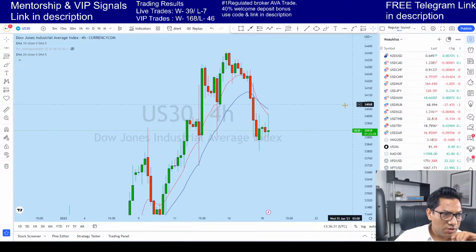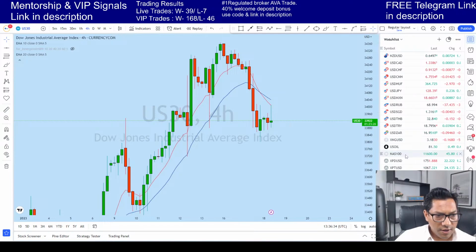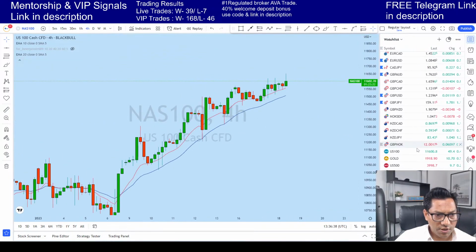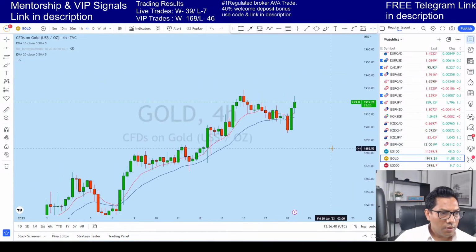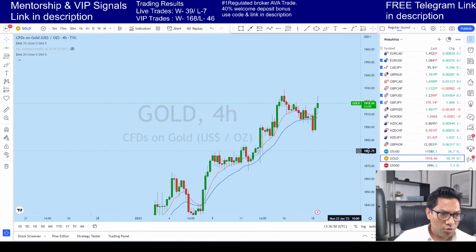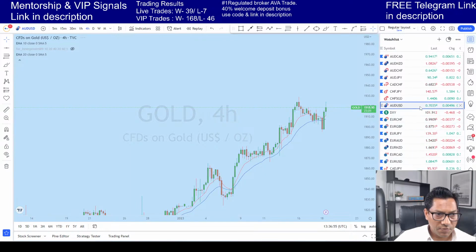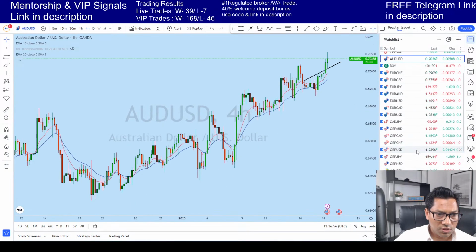We see that US30 and NASDAQ are showing slowly bullish momentum. I see that the gold price is very nicely bullish, showing a very strong bullish momentum on gold. In all of them, I see AUD, USD, gold.